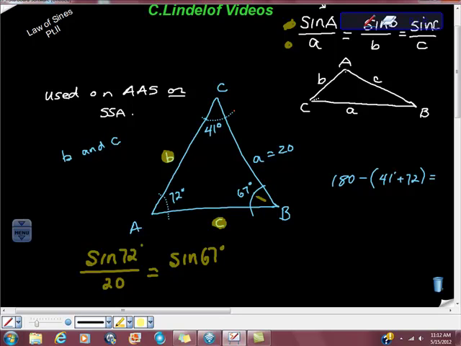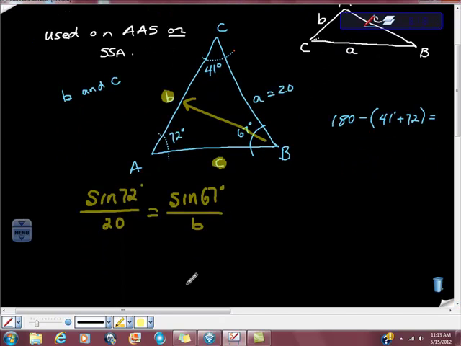And remember, 67 degrees is opposite to side B, so side B, right? Going to do a little cross multiplication here. I'm going to multiply there to there and there to there. Either way would be fine. And we're going to get 20 times sine of 67 degrees is equal to B times sine of 72 degrees.